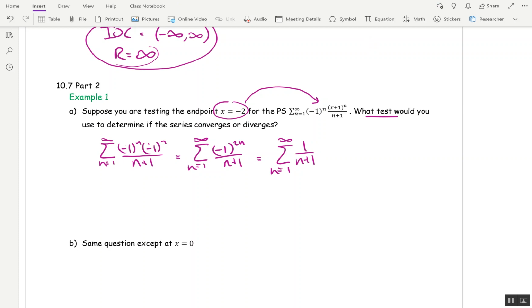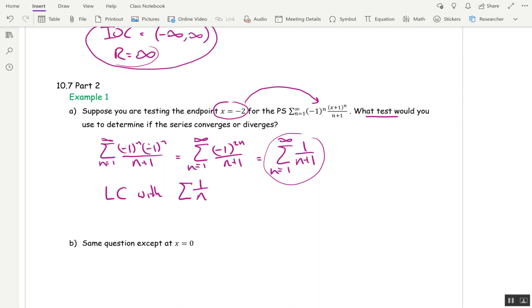Well, I would use the limit comparison test with the divergent p-series 1 over n. Because if you take the looks-like approach, this guy looks like 1 over n, and direct comparison isn't going to work very well for that.